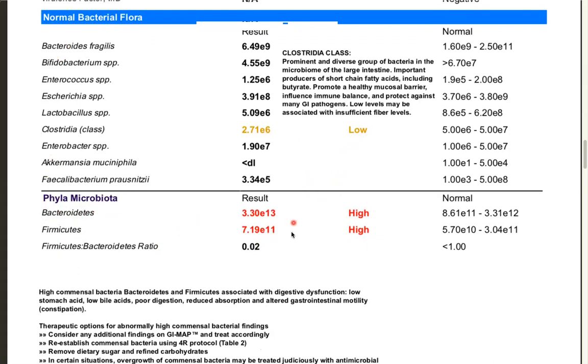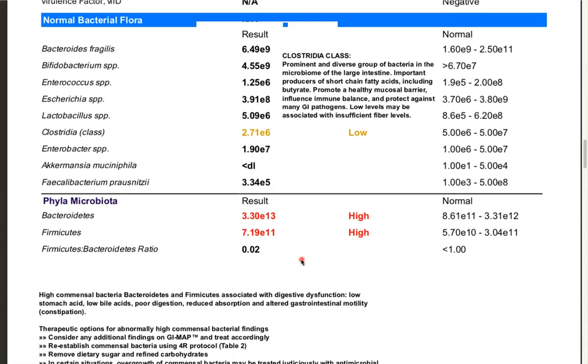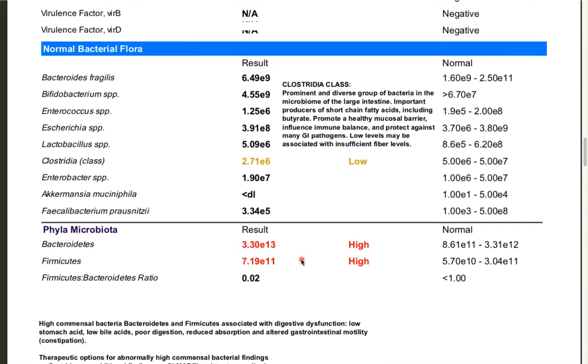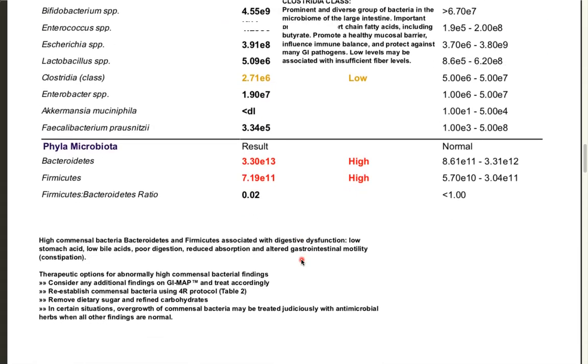The high commensal bacteria here, so these are the family of these guys over here, are found a bit high. So this means that we have a bit of an overgrowth of normal bacterial flora. And why is that? Most commonly, the diet contains too much starch and sugars and simple carbohydrates. So we might want to start with that, making sure that the patient reduces the amount of refined carbohydrates in the diet.